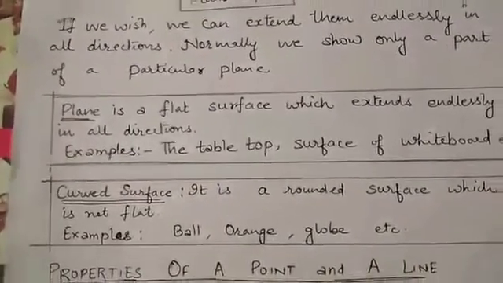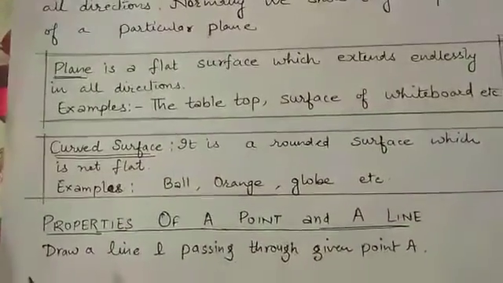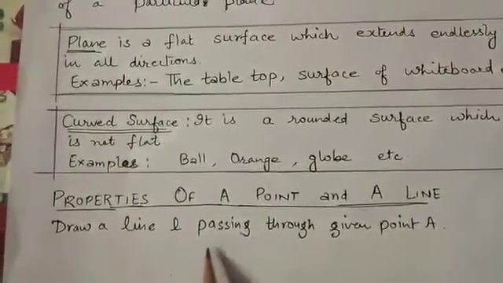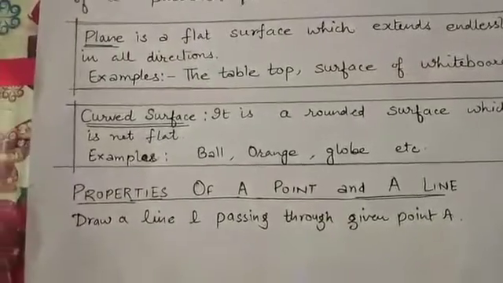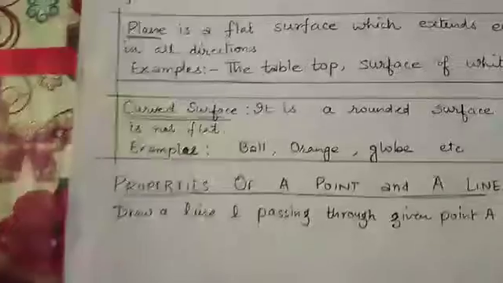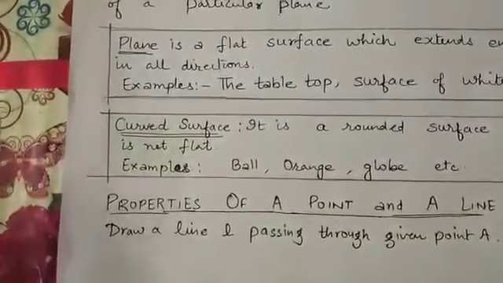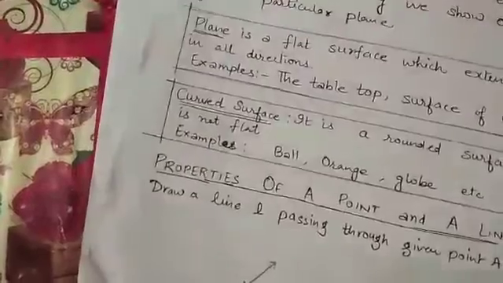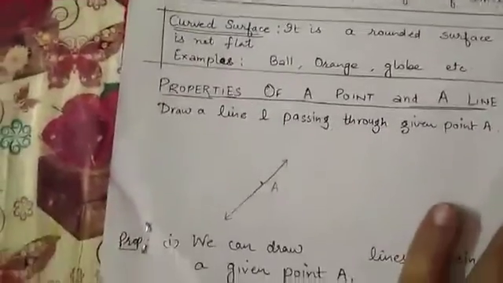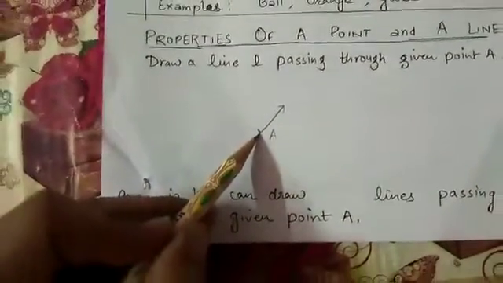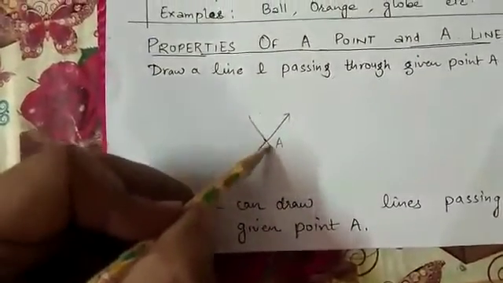Now, let us study about the properties of a point and a line. Draw a line L passing through a given point A. I have taken a point A. Now I am drawing a line which is passing through point A. Now if I want to draw one more line passing through this point, can I do it?